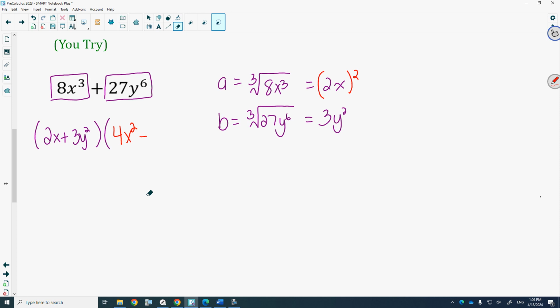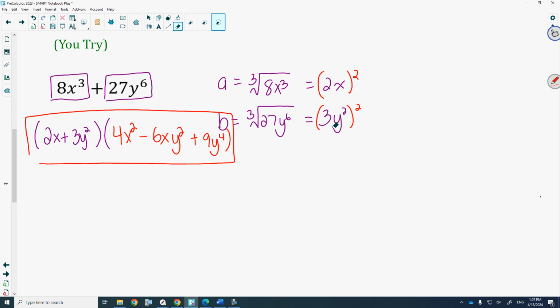Minus A times B. 2x times 3y squared would be 6xy squared. And then plus B squared. So imagine this squared, and it would be 9y to the 4. And that would be factoring a sum of cubes as your answer.